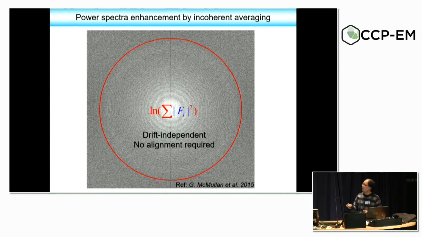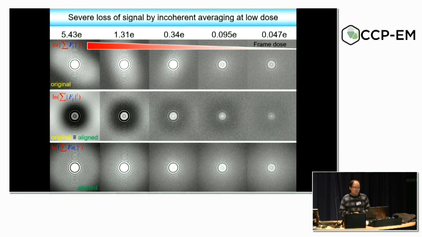This is because incoherent averaging is drift independent, and no alignment is required. But I don't want to talk about that because people already described it. I want to talk about the opposite side: the extremely low dose.